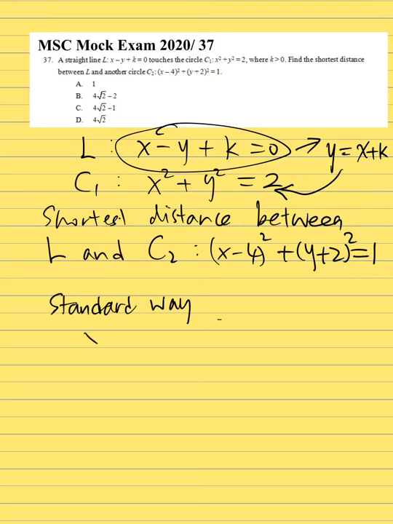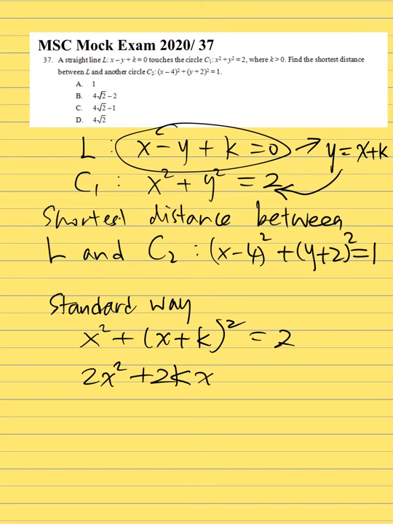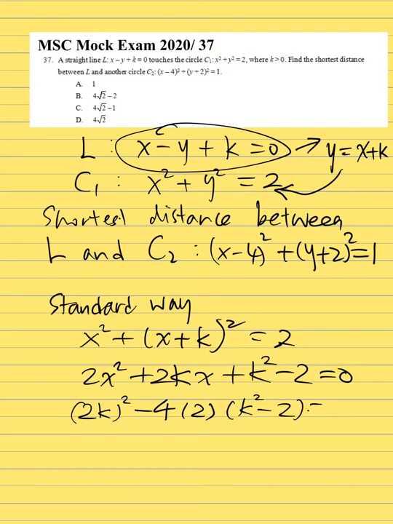So we'll get x squared plus (x plus k) squared equals 2, which gives 2x squared plus 2kx plus k squared minus 2 equals 0. Then the discriminant is (2k) squared minus 4 times 2 times (k squared minus 2) equals 0, which is 4k squared minus 8k squared plus 16 equals 0.